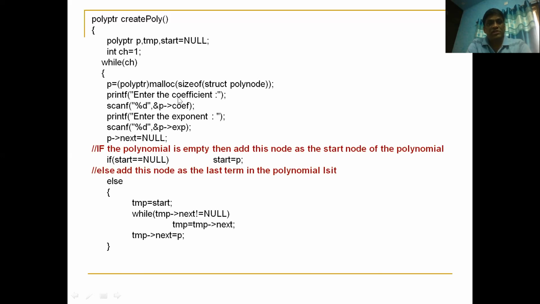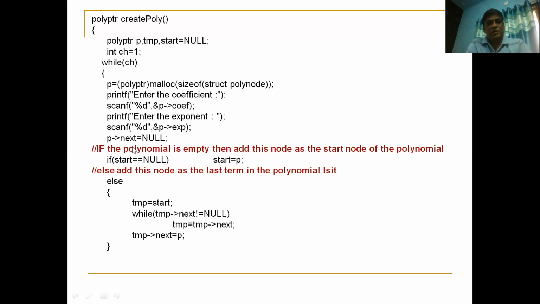We ask the user to enter the coefficient and put it inside this node by using scanf("%d", &p->coefficient), and then ask the user to enter the exponent and put it inside the node, p->exp. Once this is received from the user and the node is created, anyhow the node is going to be the last node in the polynomial, so we simply put the next pointer as null.